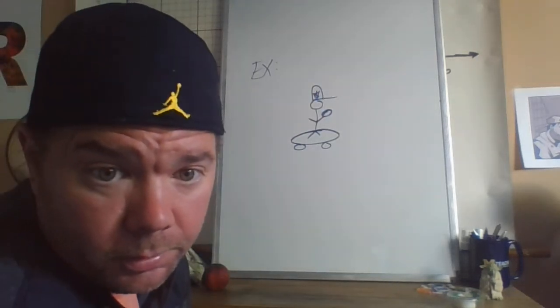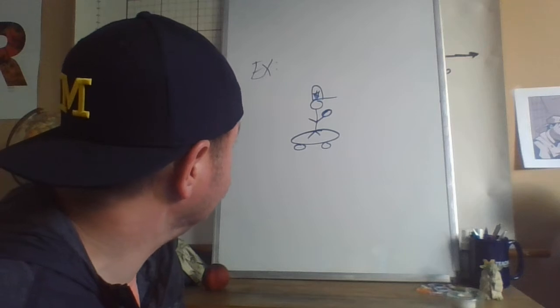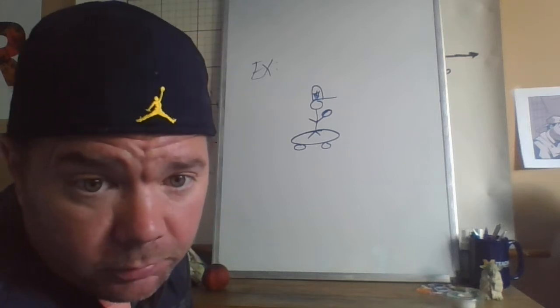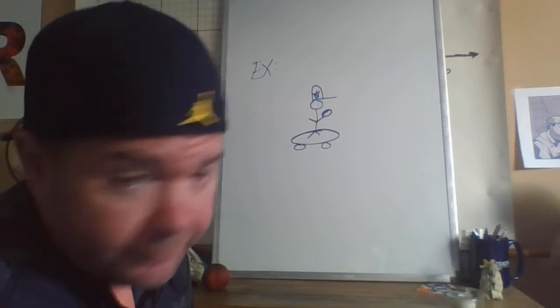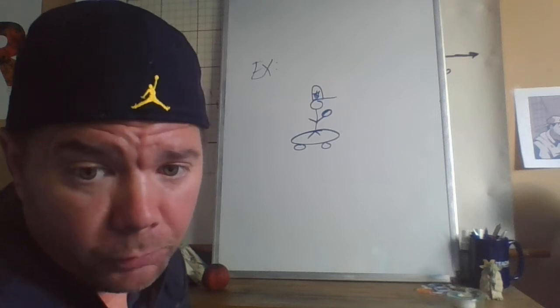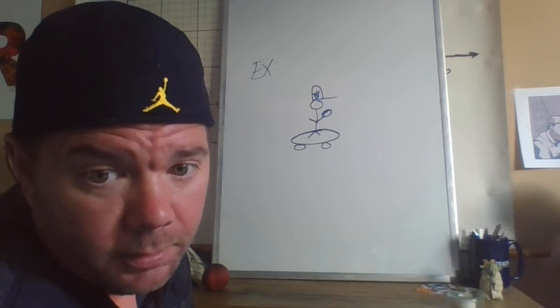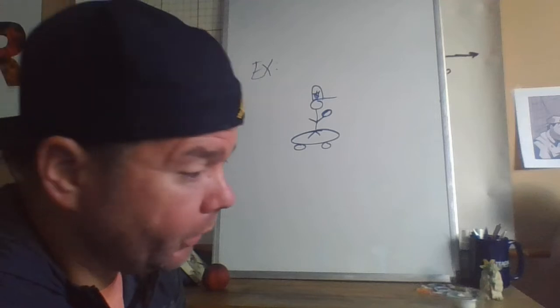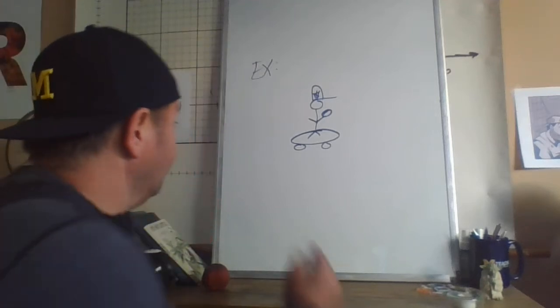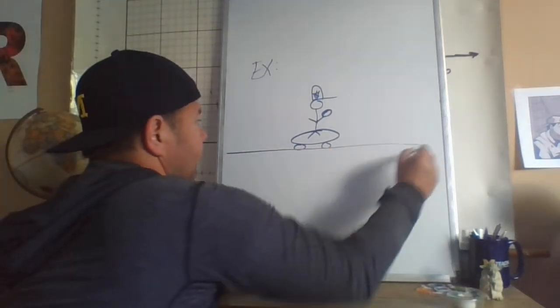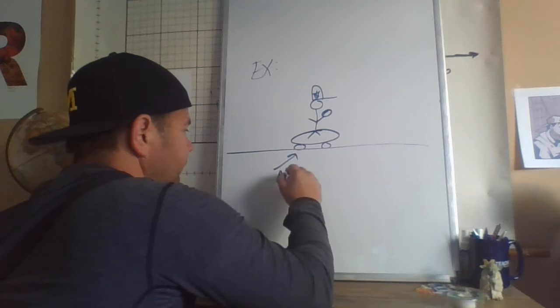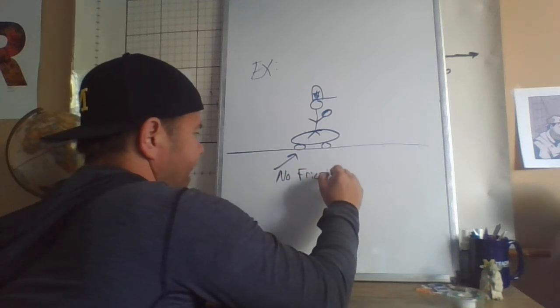As you can probably tell, because it's an amazing drawing, this is a picture of me on a skateboard holding a bowling ball. So what's about to happen here? I'm on the skateboard, here's the ground. We're going to assume that there's no friction.